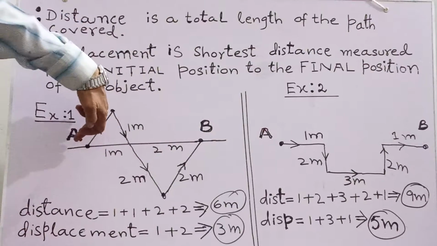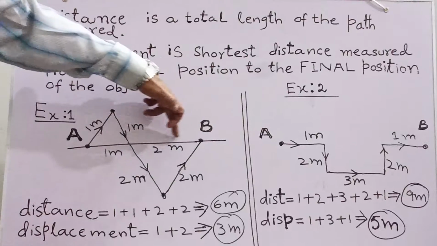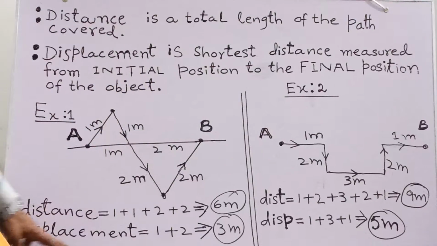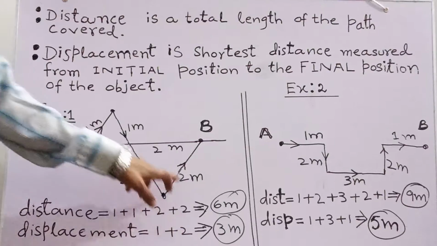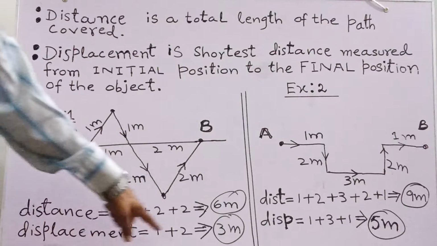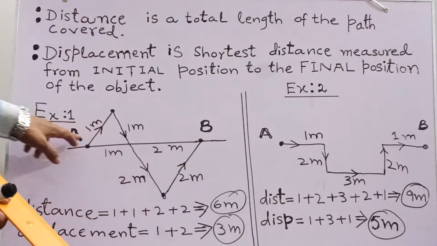Hence the total length of this straight line or the shortest distance is 3 meter. Hence the displacement in this case is 1, this 1 meter, and 2, this 2 meter. The displacement is 3 meter from here to here along this line.